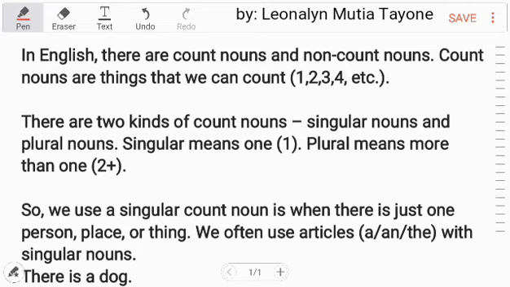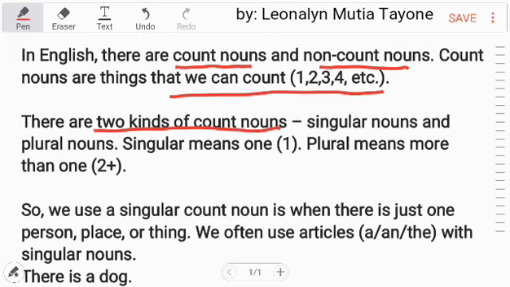In English, there are count nouns and non-count nouns. Count nouns are things that we can count. 1, 2, 3, 4, etc. There are 2 kinds of count nouns, singular nouns and plural nouns. Singular means 1. Plural means more than 1.